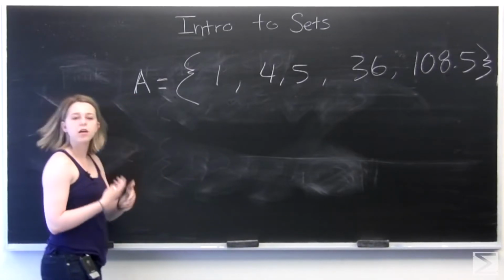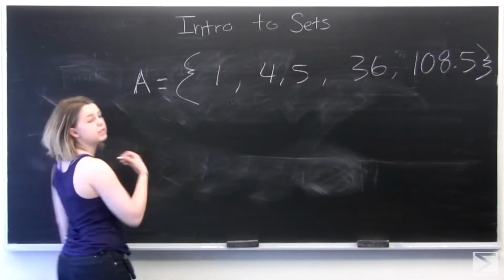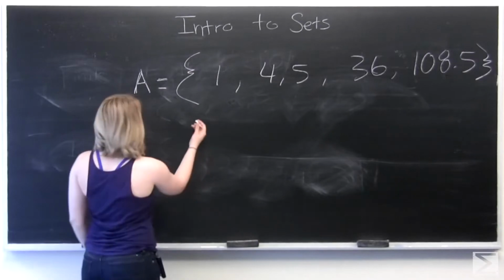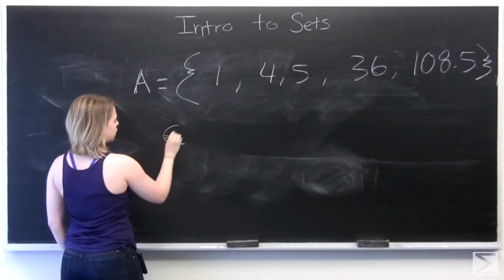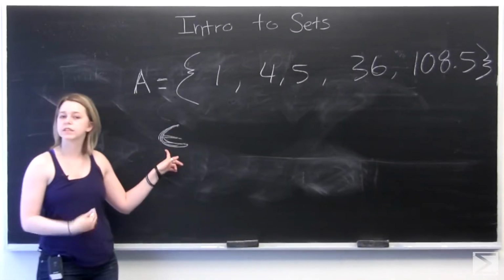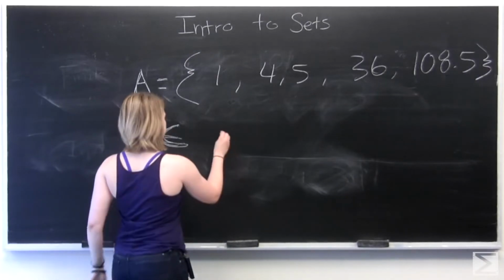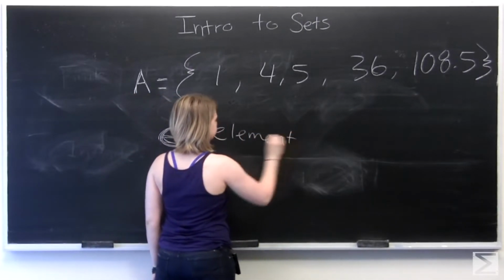And so now let's introduce another notation for sets. We've got this symbol here. It's kind of a curved E, and this symbol means element.